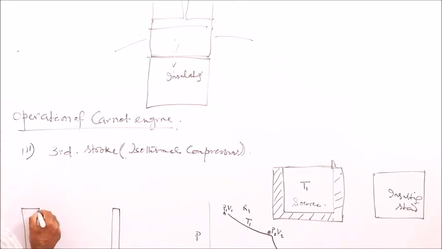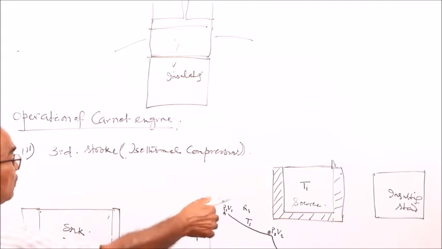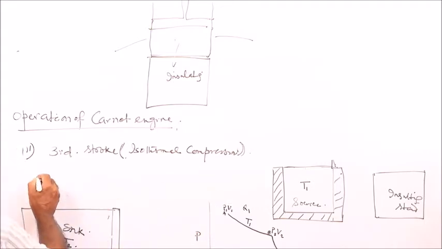In the third stroke, this is the sink. The sink is at temperature T2. The cylinder is brought from the insulating stand and kept over the sink.